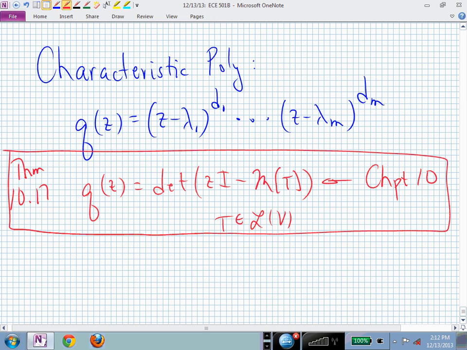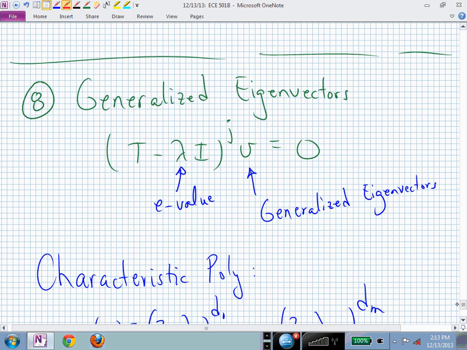And the answer is yes. So now you can use this to find your eigenvalues, and once you have your eigenvalues, you can try to find your eigenvectors from those null space equations or relationships. Well, this will give you generalized eigenvectors, so you need to look at the wording.